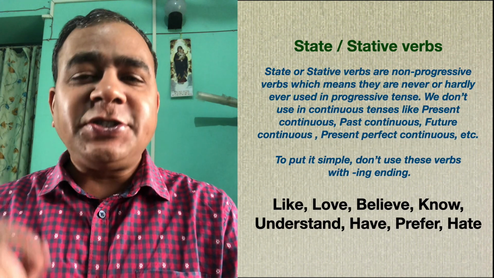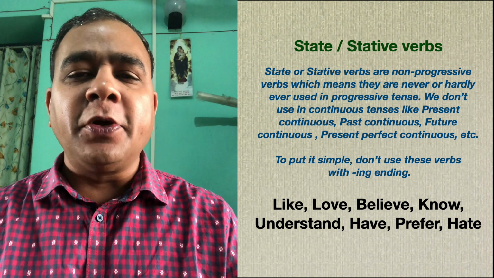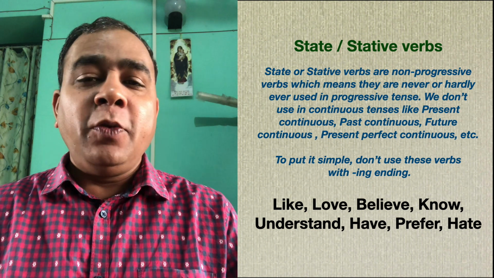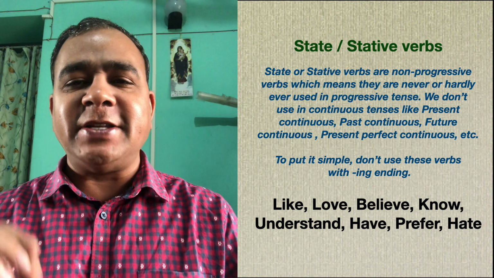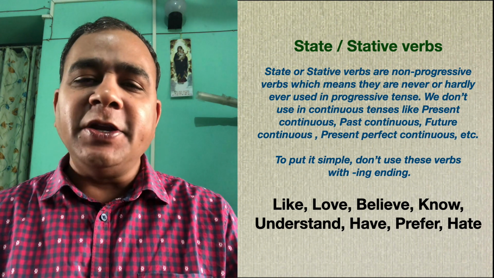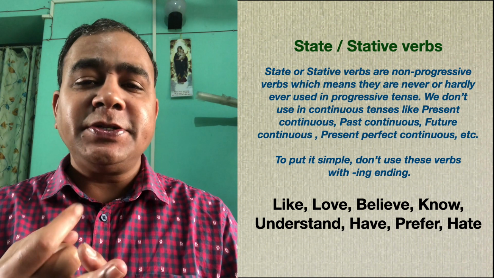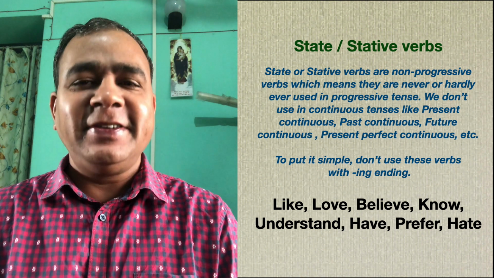Whereas state or stative verbs are non-progressive verbs, which means we don't normally use them in the continuous tenses. What are the continuous tenses? Present continuous, past continuous, future continuous, present perfect continuous. Okay.